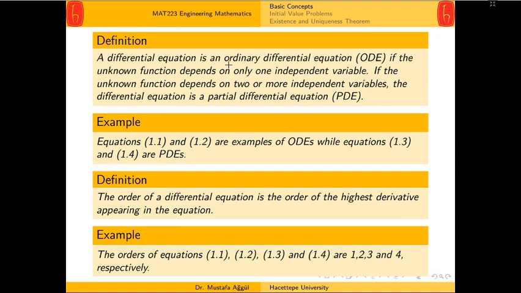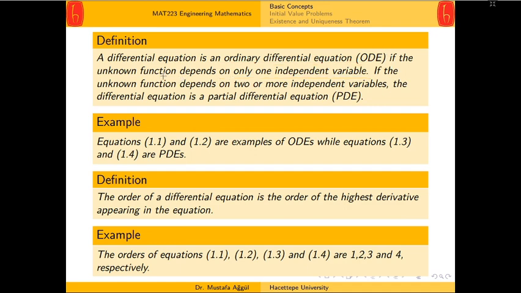A differential equation is an ordinary differential equation, ODE, if the unknown function depends only on one independent variable. If we have only one independent variable, we say ODE, or ordinary differential equation.